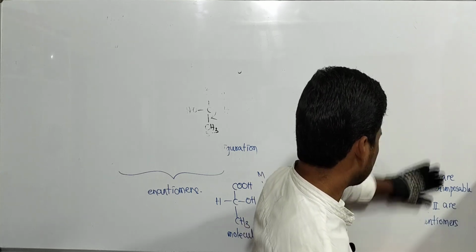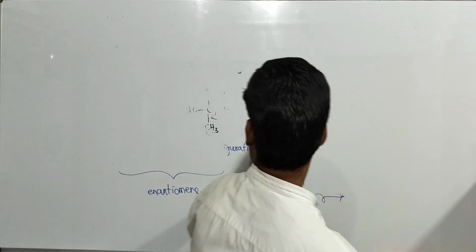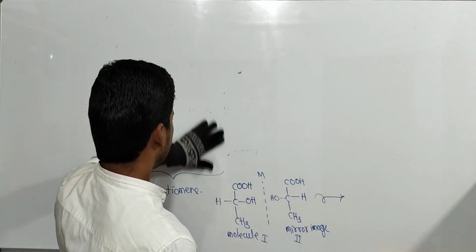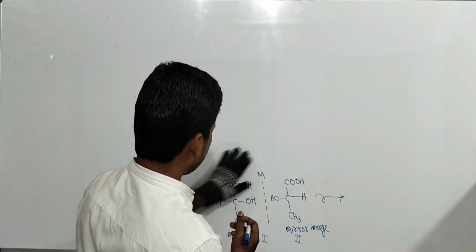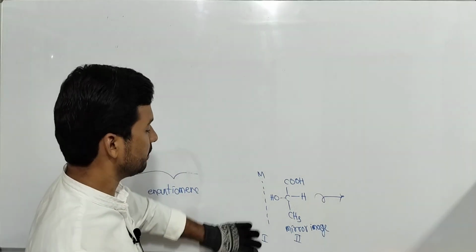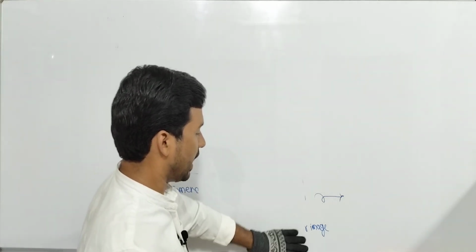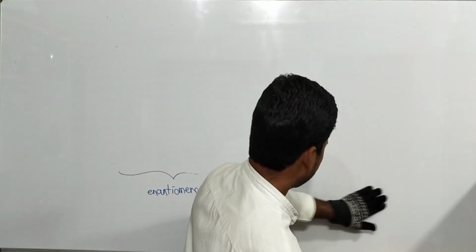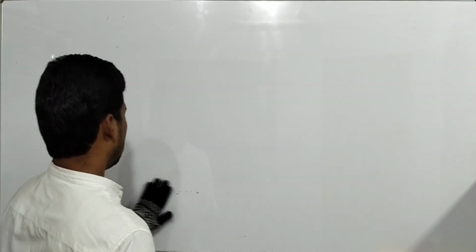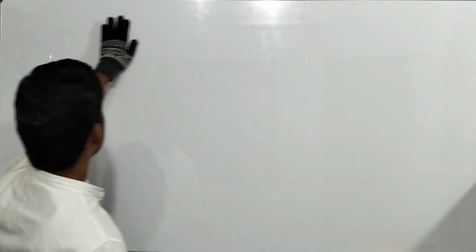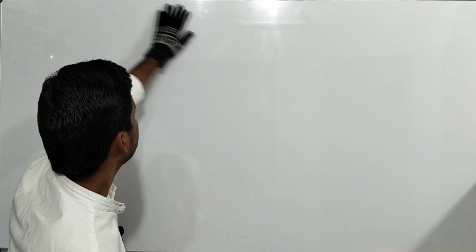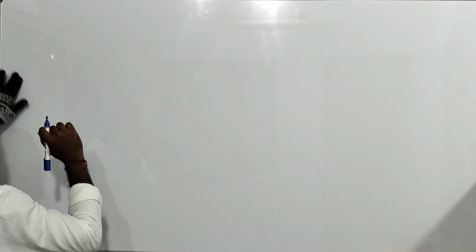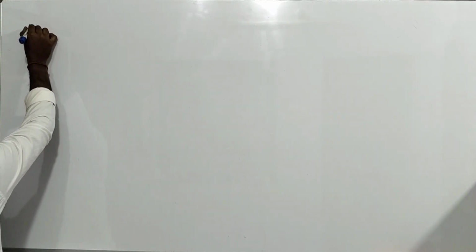A chiral center is not necessarily a chiral carbon; it may be a chiral plane, chiral axis, or chiral helix. All are possible. A molecule with two chiral centers may be optically active or optically inactive.